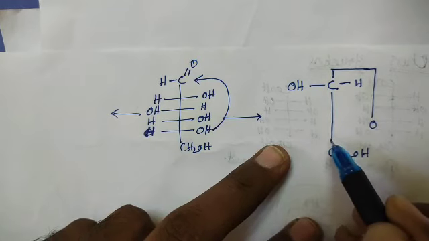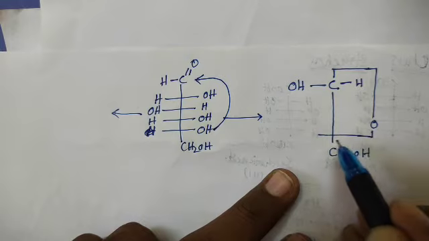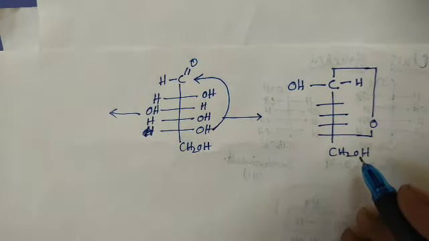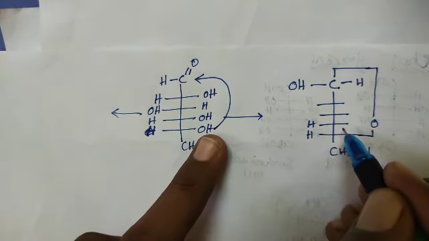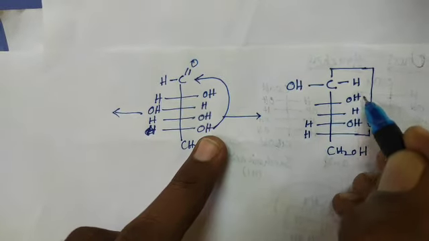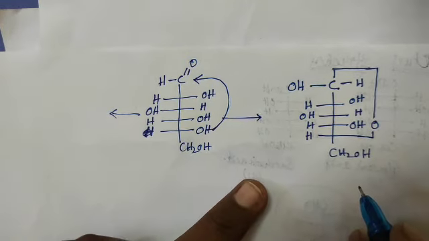CH2OH, 1 2 3 4. So here one H, one more H, same like this structure. Here OH, H, OH, here H, here OH. This is one structure.